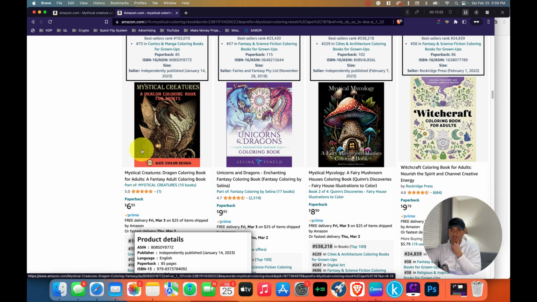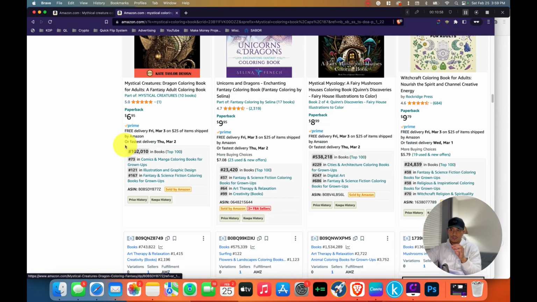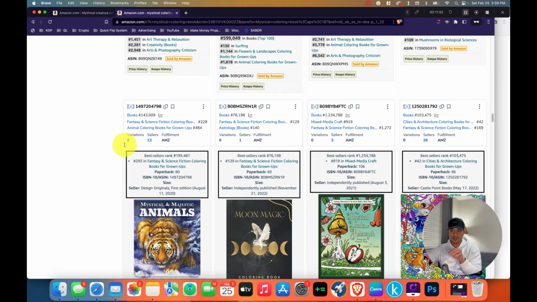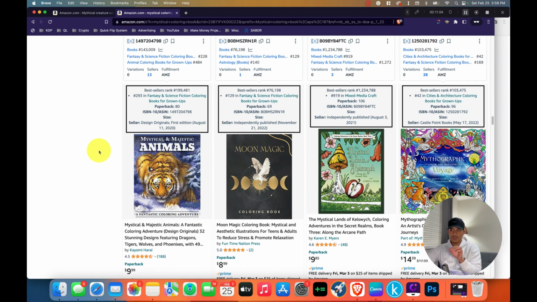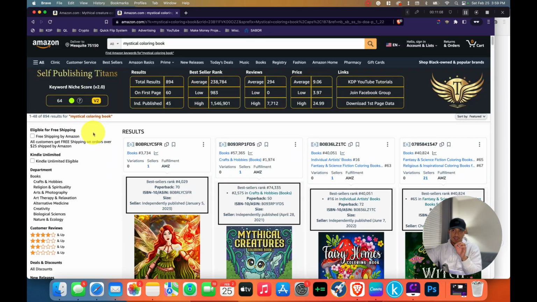I don't see a lot of mystical coloring book for kids. I would have to do more research, but nonetheless, there is not a lot of books that are optimized for the word mystical. So this is a keyword that I would really want to look more into and even experiment and maybe create a coloring book for it.